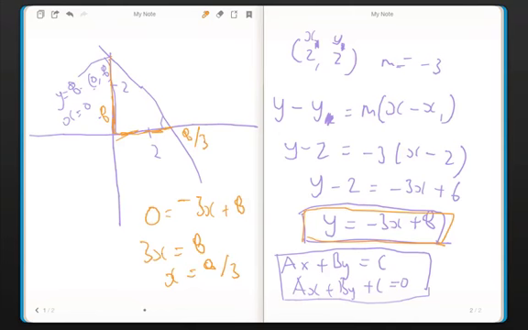Correct? Now we don't need this calculation anymore. I'll just erase this. I hope you people have taken it down. We have x-intercept 8 by 3. So this length over here is 8 by 3. Now, this angle is basically, according to trigonometry, this is the opposite. This is the adjacent.